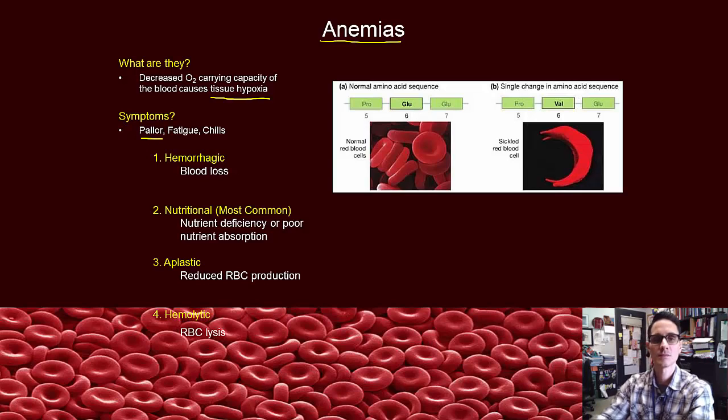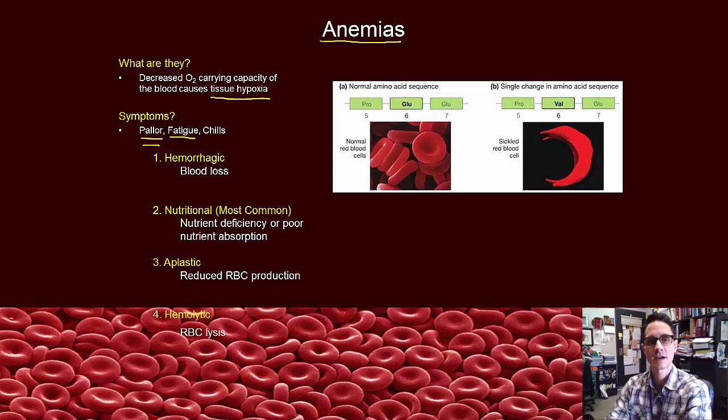Okay, what types of symptoms can we expect for someone who has anemia? Well, pallor. So what pallor is, is paleness. Okay, so our hemoglobin gives our skin kind of a rosy color, because we can see that hemoglobin underneath the skin in the blood, rather. So we can expect somebody to have very light color. Fatigue. We need oxygen to make energy.